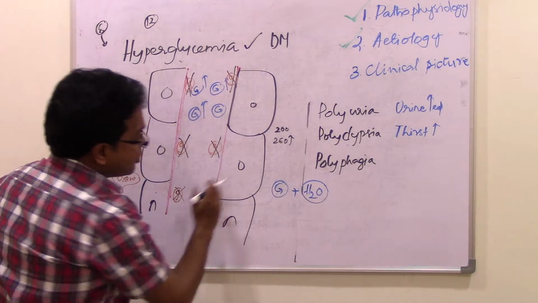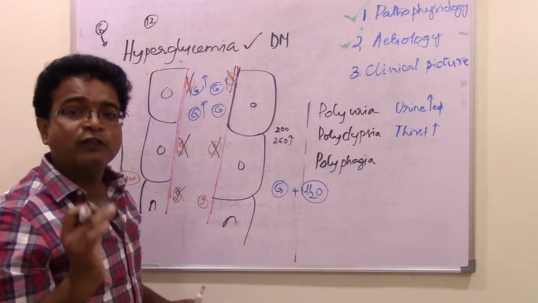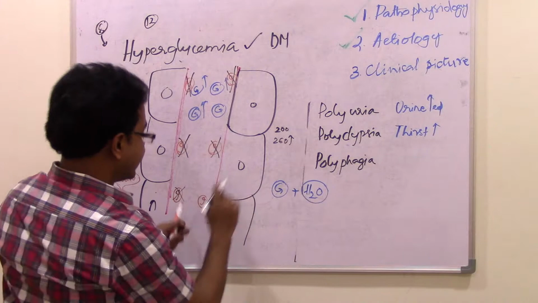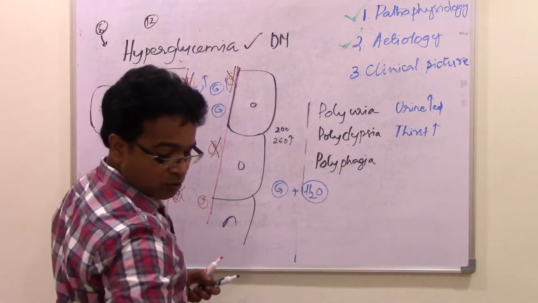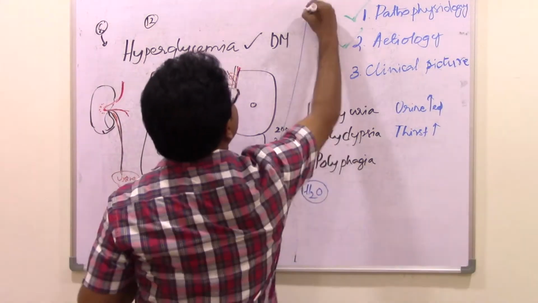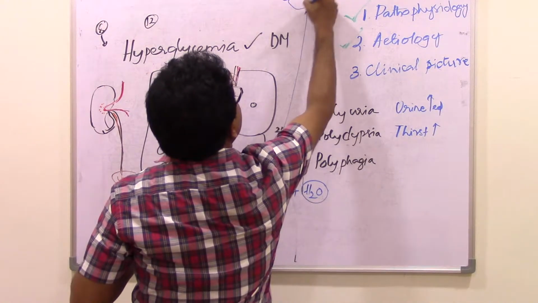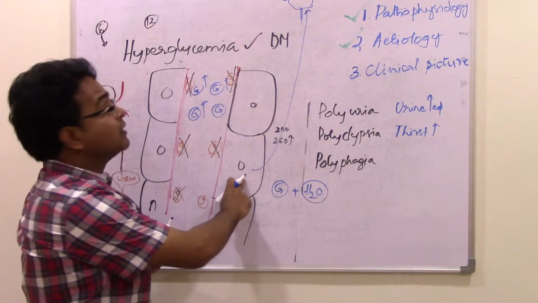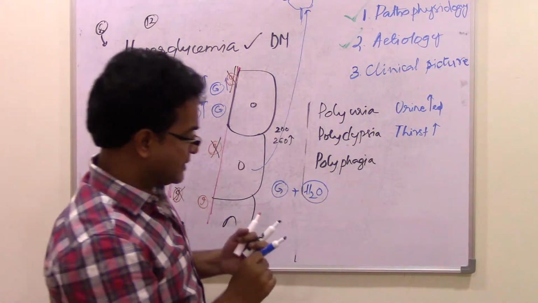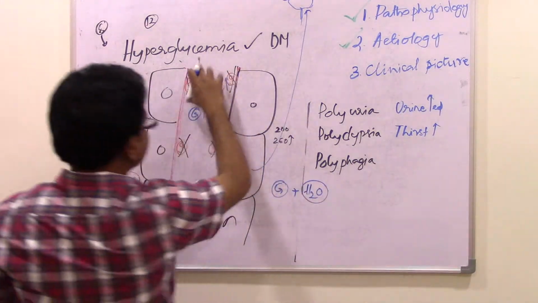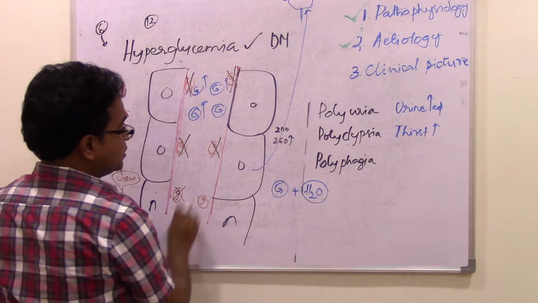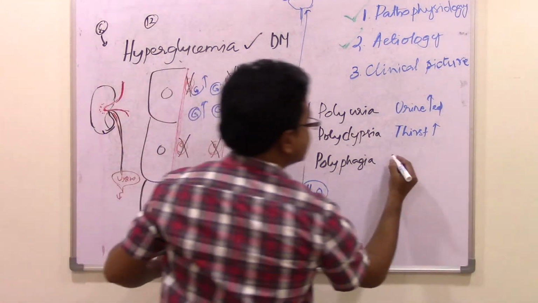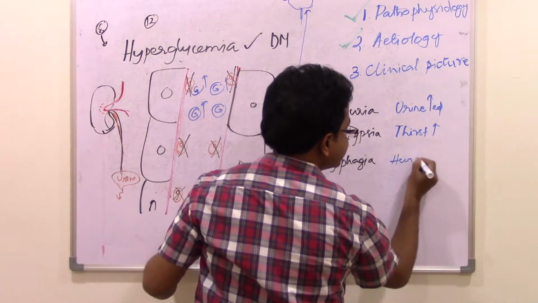So the cells are not getting enough nutrition. They directly make a phone call to the brain saying, dear sir, we are not getting enough food. So the hunger center is activated. Though the blood is full of food, since it is not being delivered, the hunger increases.